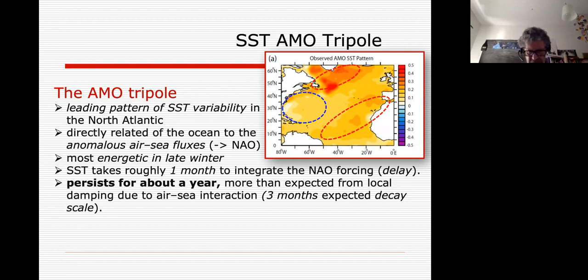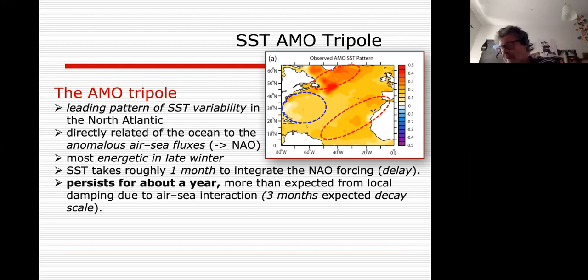So changes in the NAO condition, or in the atmospheric condition in different NAO situations, take time to be captured and retained by SST.